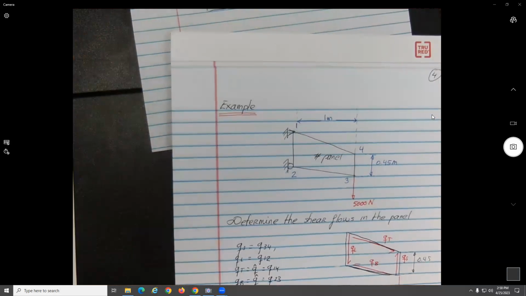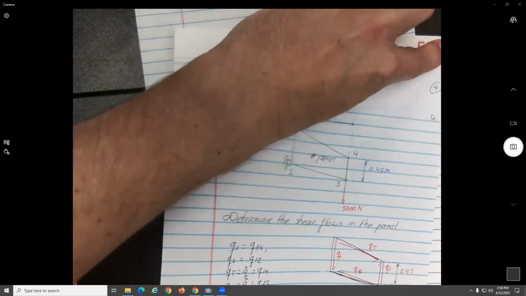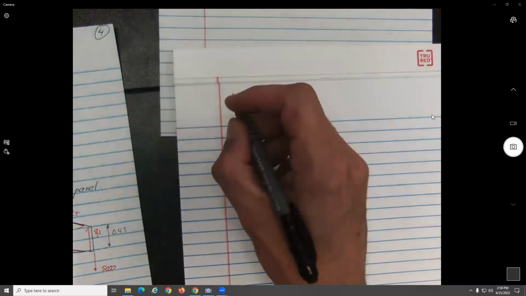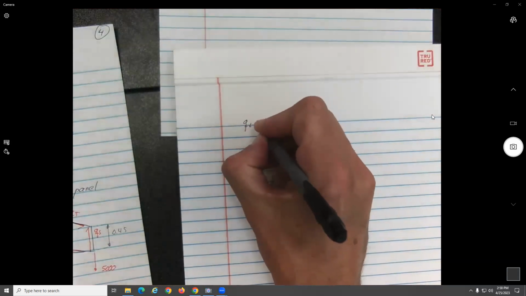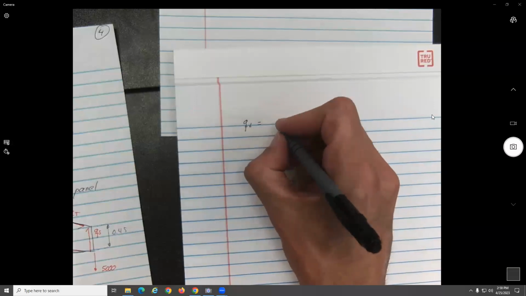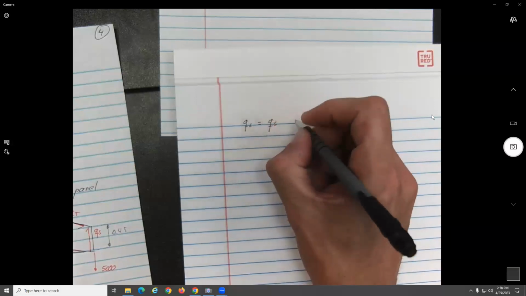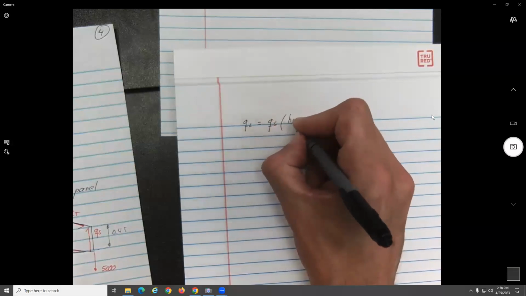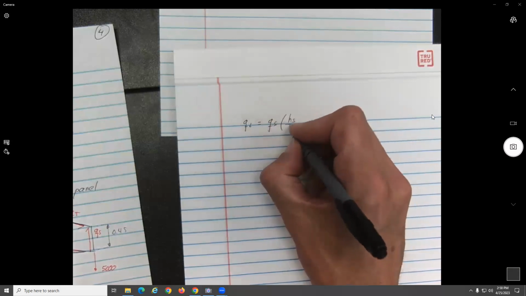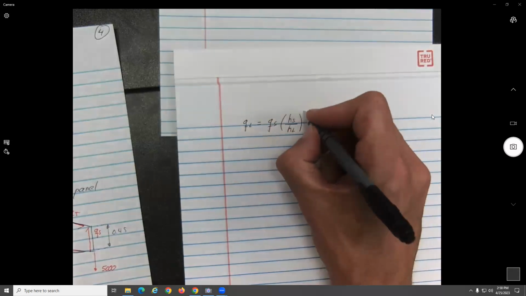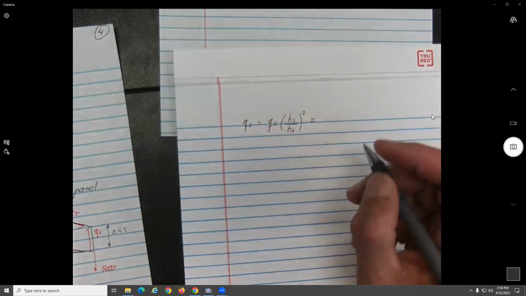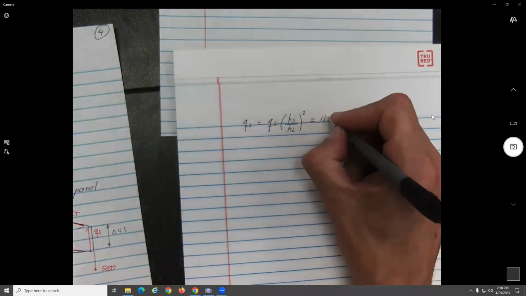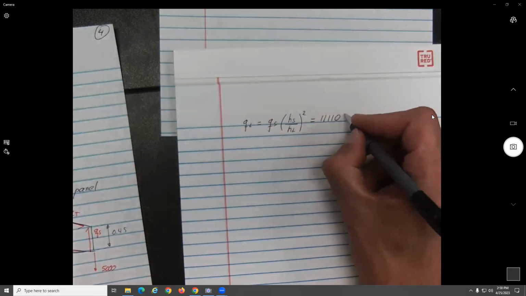We will have what? According to this, Q long will be equal to Q short H sub S over H sub L squared. So this should be equal to what? 11,110.